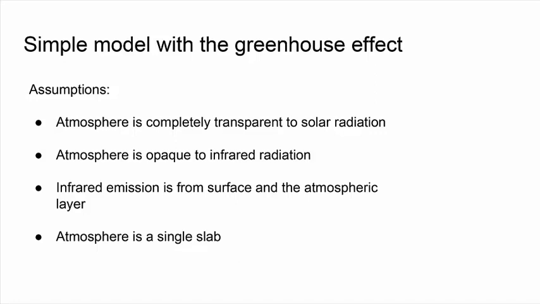The atmosphere is also opaque to infrared radiation, so all outgoing infrared radiation is absorbed by the atmosphere. The infrared emission is from the surface and from the atmospheric layer, and in this simple model we're only considering one layer, a single slab of the atmosphere.